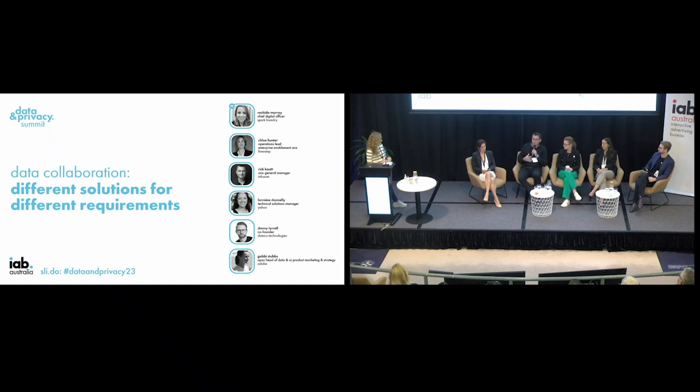Even for those that do survive, data clean rooms are not a silver bullet to solve for all of the privacy legislation that's going to come down the pipe. Data clean rooms will typically help you with the how you do something, not the what you're doing. And a lot of privacy legislation is around the what, and these two things get quite confused.